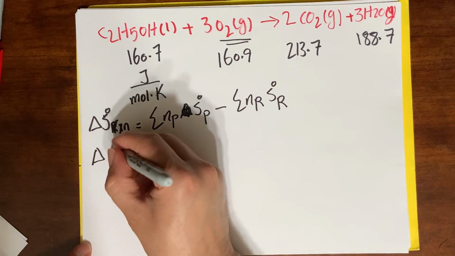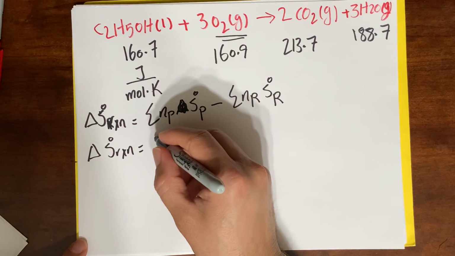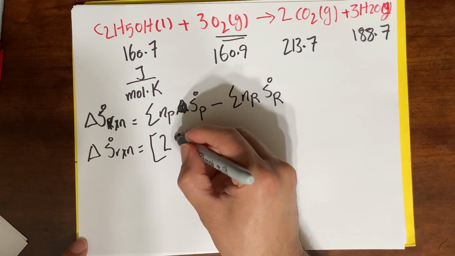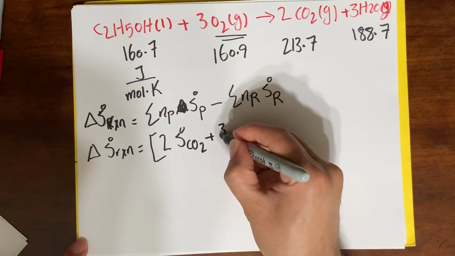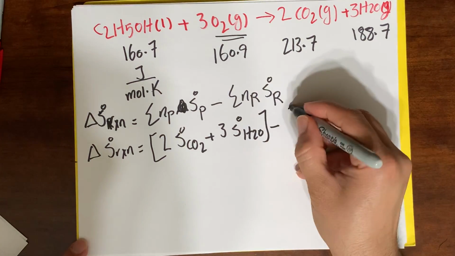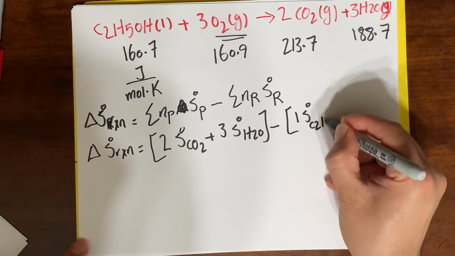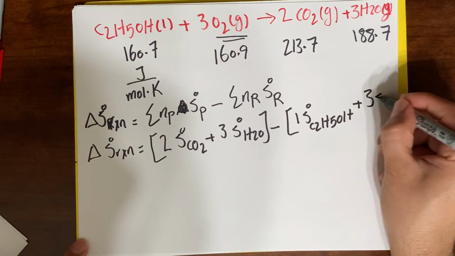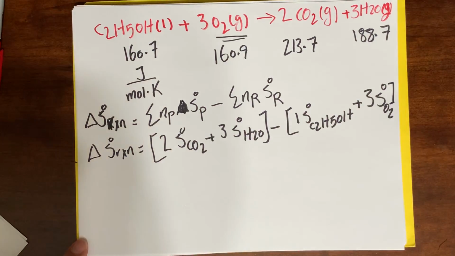So delta S of the reaction equals products: we have 2 multiply S of CO2 plus 3 S of H2O, minus 1 S of C2H5OH plus 3 S of O2, and close it.